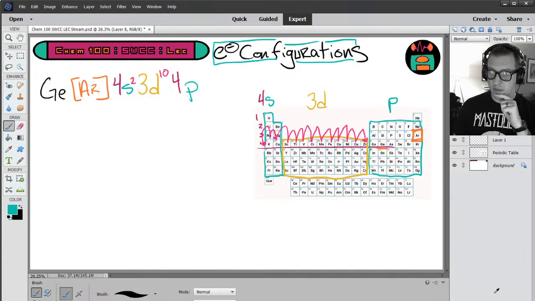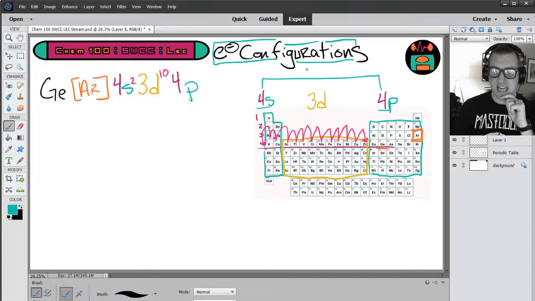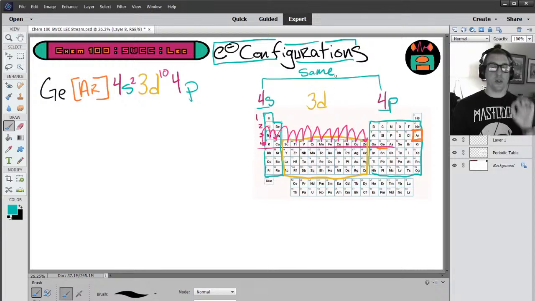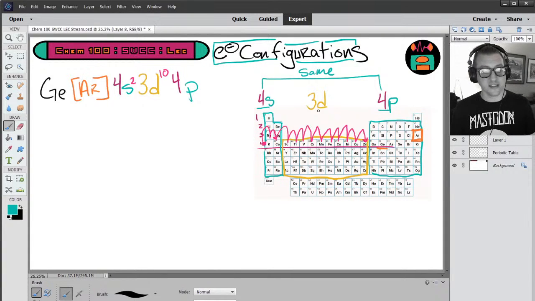The thing to remember is that your S block and your P block will always have the same energy level. They will always be on the same shell. So if you're dealing with 4s, by the time you make it to P, it'll be 4p. If you're dealing with 3s, 3p. 5s, 5p. They will always be the same. D is the only one that shifts down. D is the only one that's funky. Everything else makes sense and is the same.